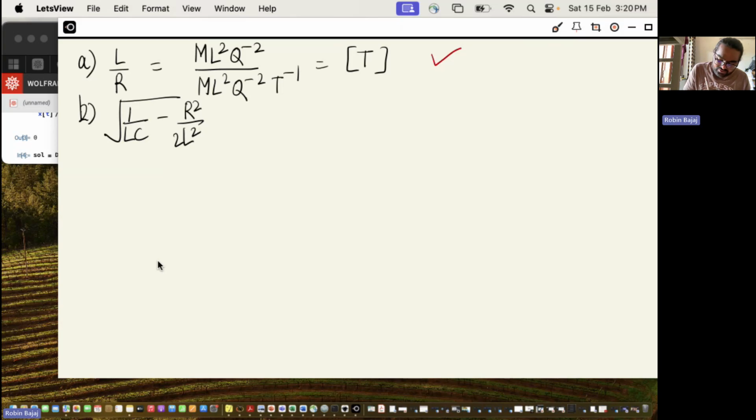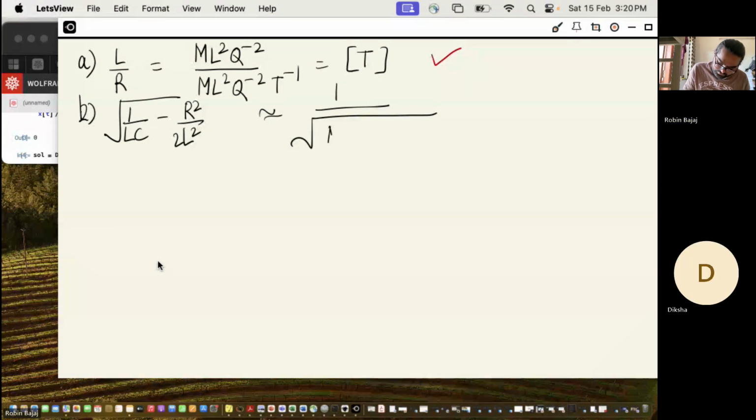So we can just look at the first thing, right? 1 by square root LC. Just look at 1 by square root LC. L is what? C we have to see, sorry.